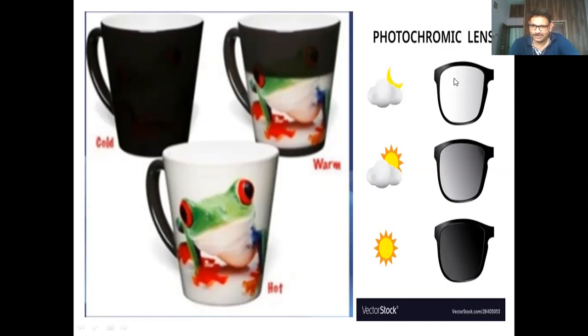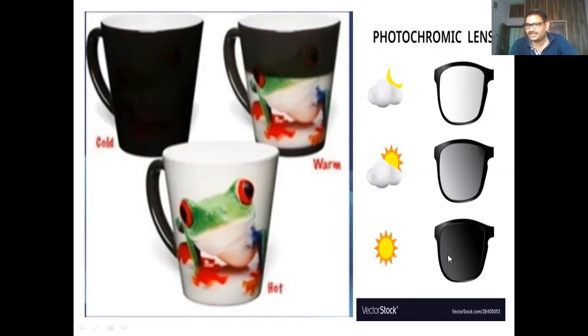And this is also the glasses that we normally see, photochromic lenses. They change with the light. Suppose the light is very dull, then it looks almost white. But when the light becomes dark, the color will change.